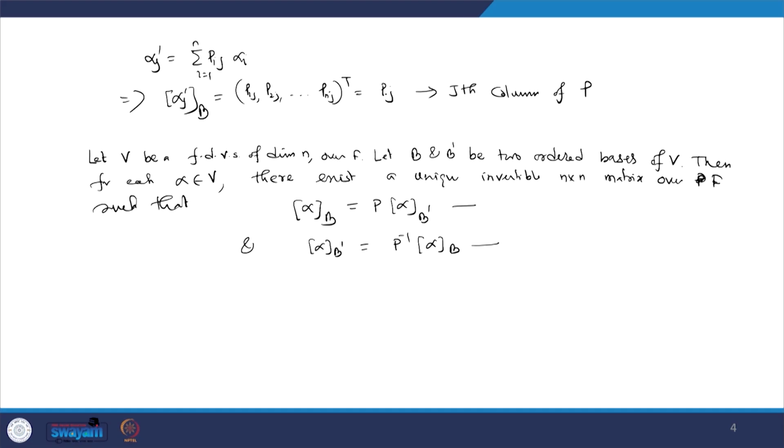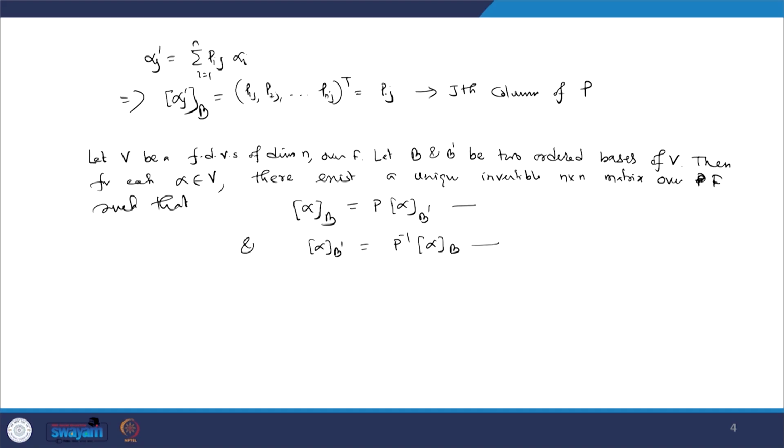So, let me take some example. Before taking examples, now the next question is like this. Suppose V is a finite dimensional vector space over the field, say capital F, and B is an ordered basis for V, this is given to us. Now, suppose an n cross n invertible matrix P is also given to us.